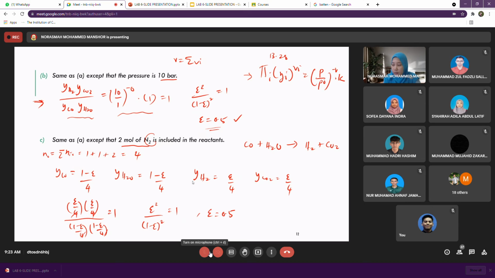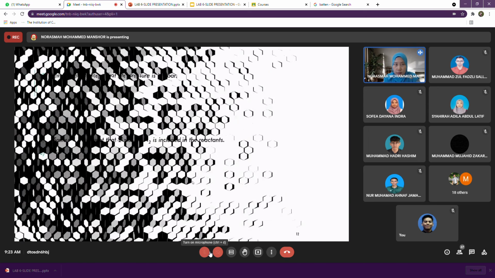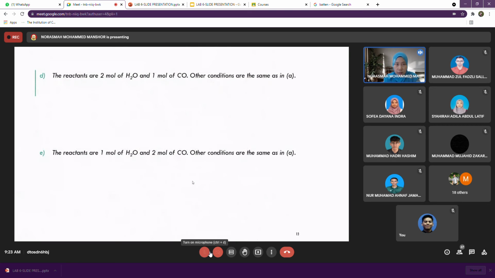Ada soalan? Okay, kita pergi question D. Now the reactant 2 mole H2O and 1 mole CO. Ada condition same as in A. So sekarang ini adalah Ni0 dia.